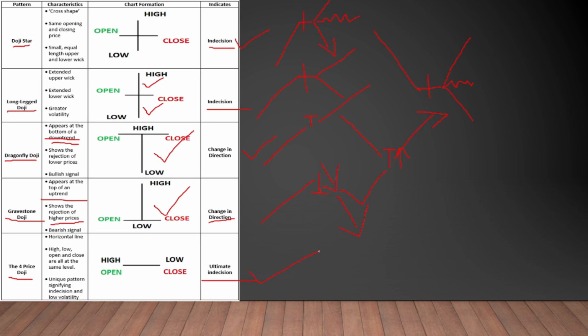So this is all about the different types of doji candlesticks. It is much more similar to a spinning top, but it depends on where the open and close price points are. There are different types of candles from which we can interpret different types of signals. It could be indecision mode, or it could be a change in direction.